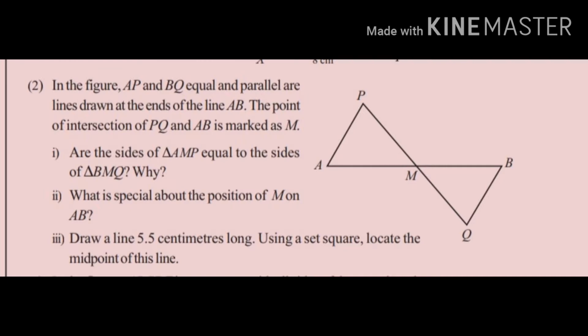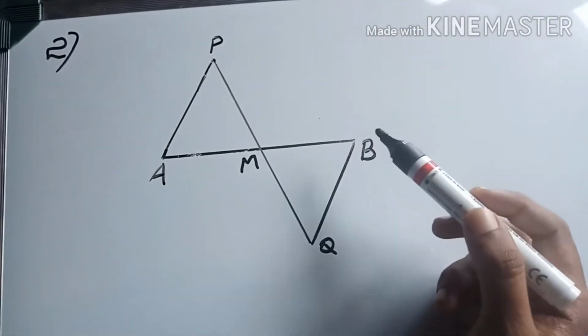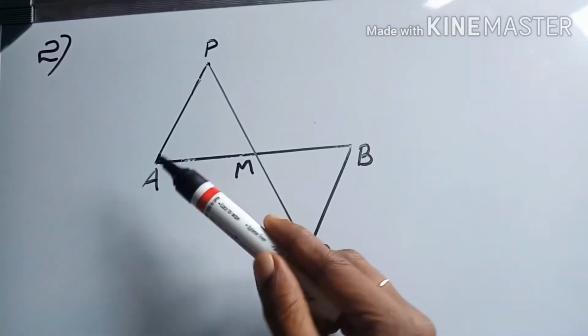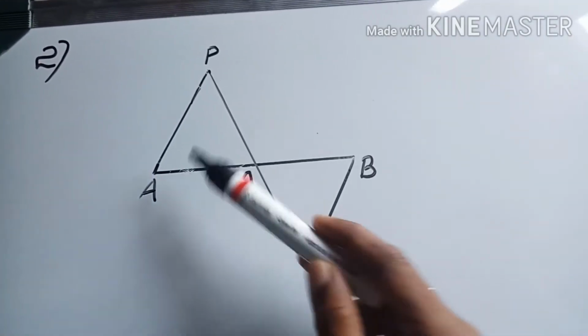Okay, so here one figure is given. In that, the lines AP and BQ are equal and parallel. First of all, let's draw the rough figure and just analyze the question. After that, let's solve the problem. This is a rough figure. Here we can see two triangles.